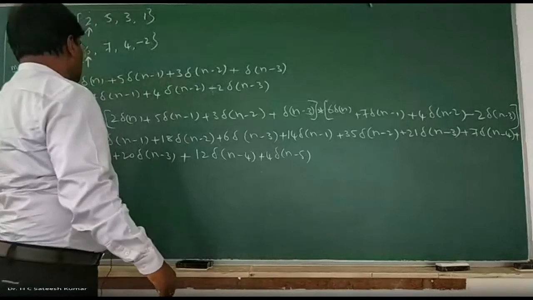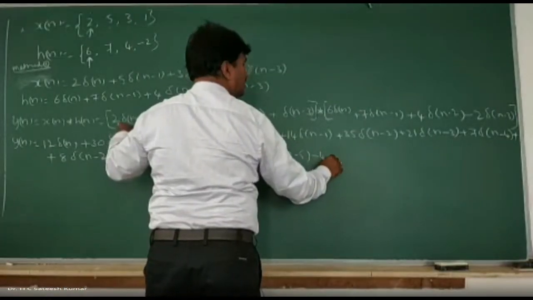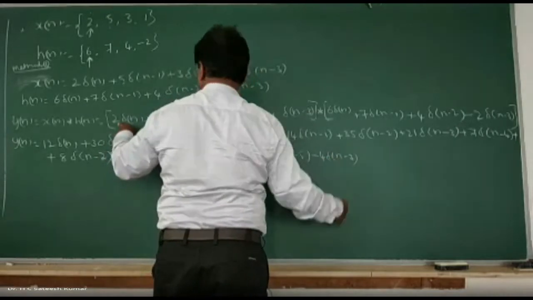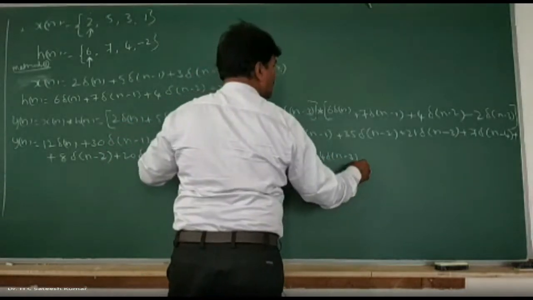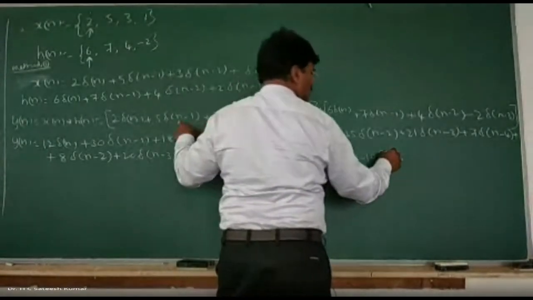Okay, last one. Minus into minus, plus into minus, minus 4 delta of n minus 3, minus 10 delta of n minus 4.